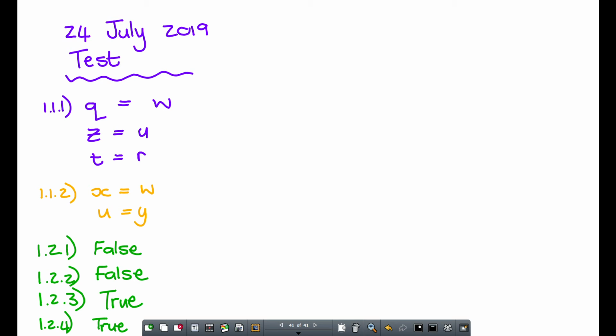Okay. Now, 2.1. Solve x in the following sketches and give reasons. Okay, now, we knew that the two interior angles added up is going to give me the exterior angle. So you're going to say that 44 plus 42 is going to be equal to 2x.